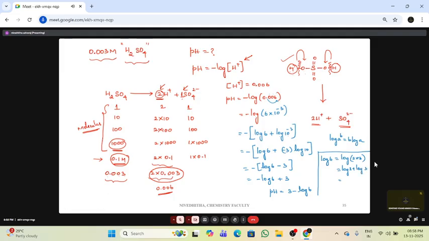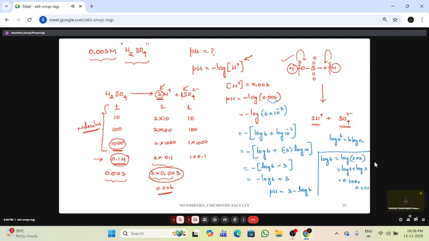Now you know the value of log 2. Refer to your notebook and tell me what is the value of log 2. 0.3010. Brilliant. 0.3010 plus what is the value of log 3? 0.4771.